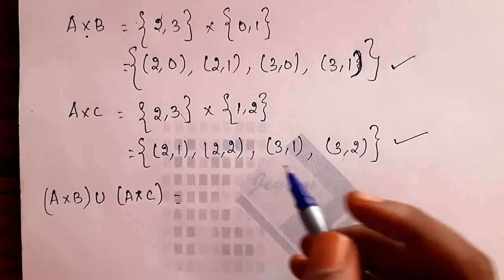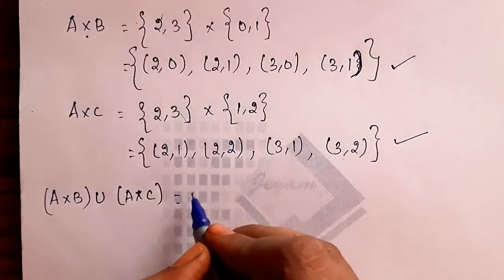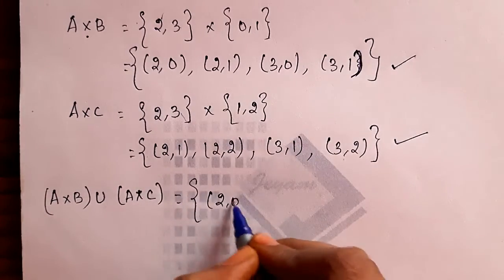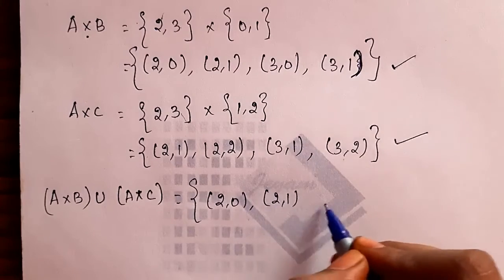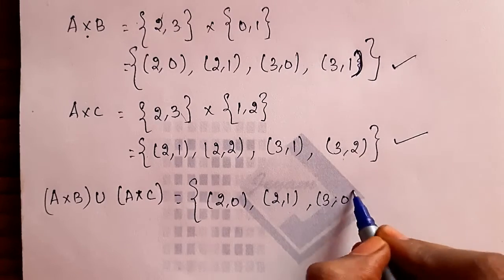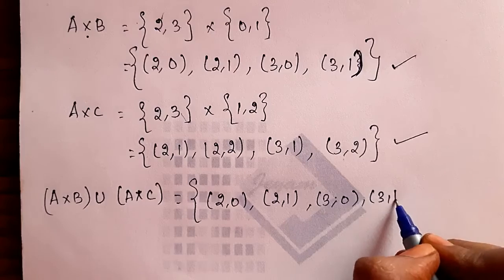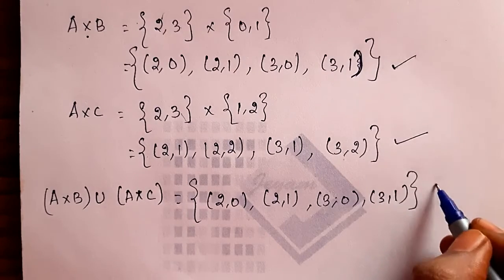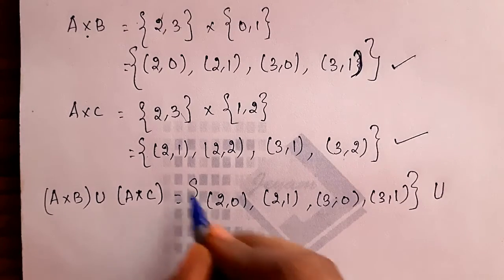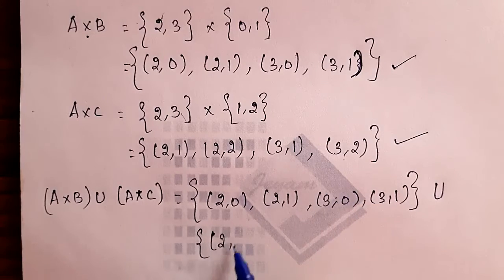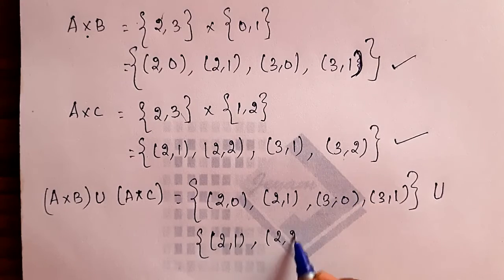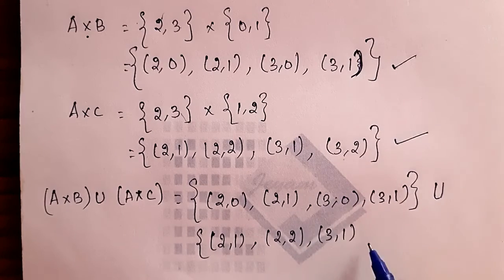Just write this one first: (2, 0), (2, 1), (3, 0), (3, 1). This set union, the next set is this one: (2, 1), (2, 2), (3, 1), (3, 2).